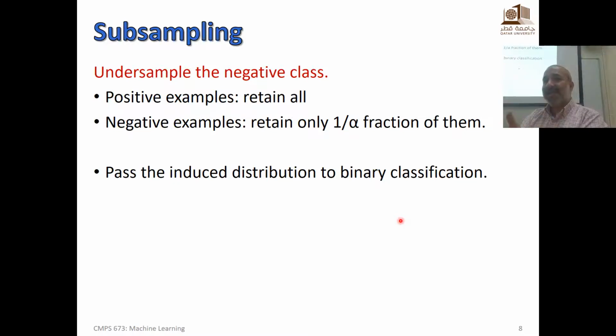And in this case, of course, it doesn't see the original distribution, it sees the induced distribution. It will not have the original problem because now it will treat all the examples equally, which means it will treat the positive class equally to the negative class. Right? Is that clear? Any questions?